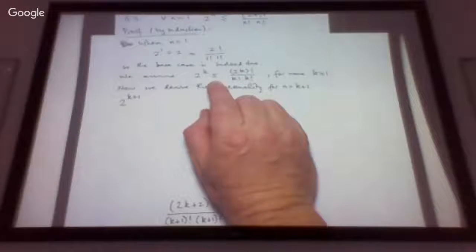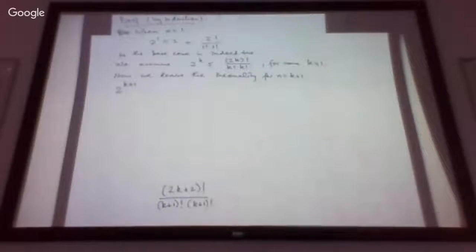That's the crucial point. So any suggestions for our first step? We can do some algebraic manipulations or some use of the assumption. Any good preparation steps we might make?